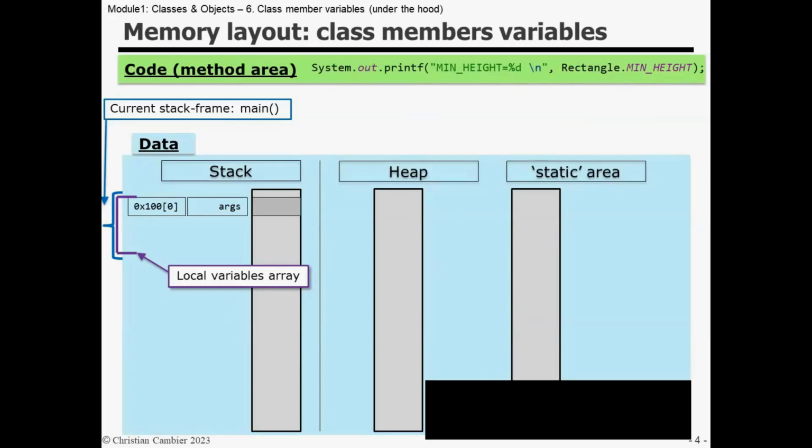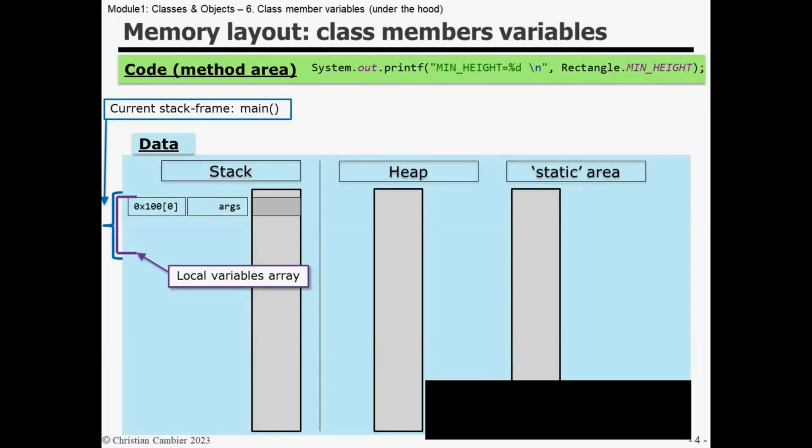Objects, when created, are allocated on the heap when a new instance is created using the new keyword, but static variables are allocated from the moment something of the rectangle class, in this case, is used for the first time, because that is the time that the runtime will load the class in memory and initialize the class variables.